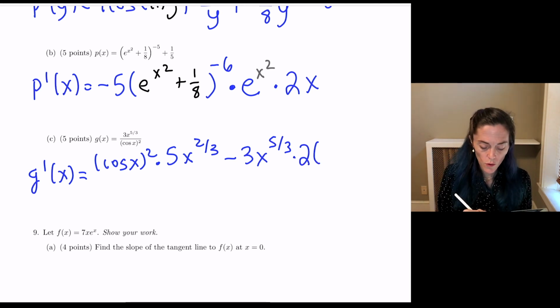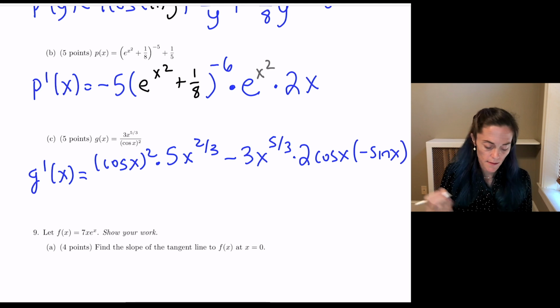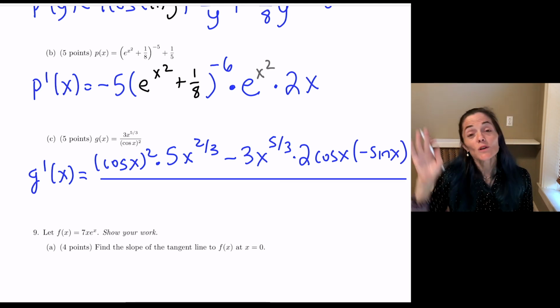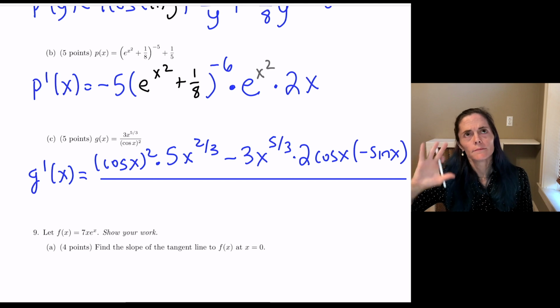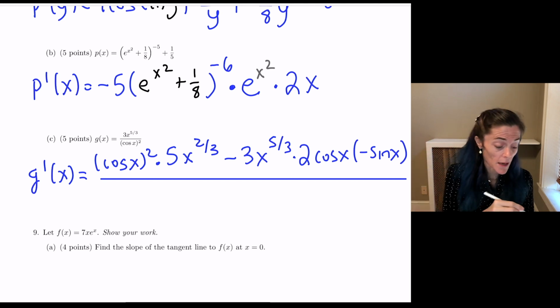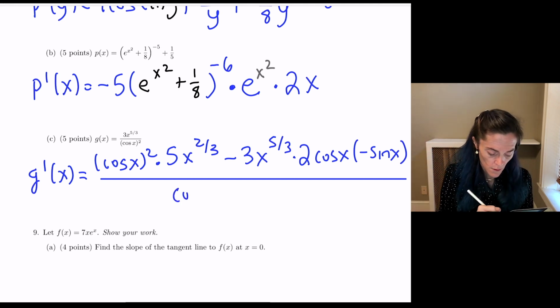This is chain rule. 2 cosine x times minus sine x, all over, well, if you take cosine x squared and you square it, this will be cosine to the 4th of x.